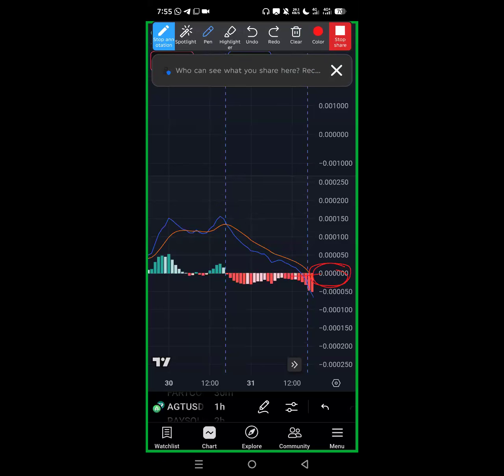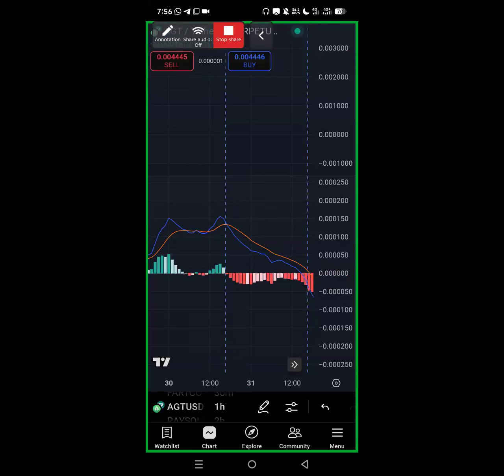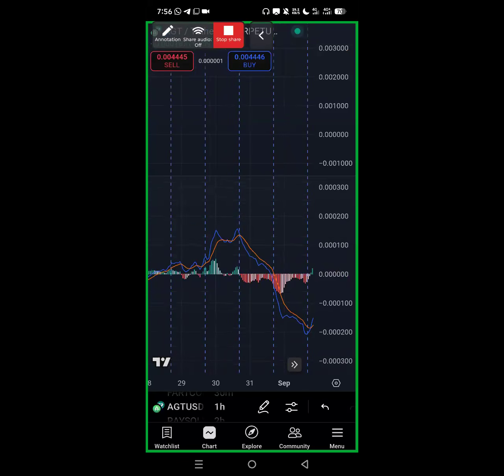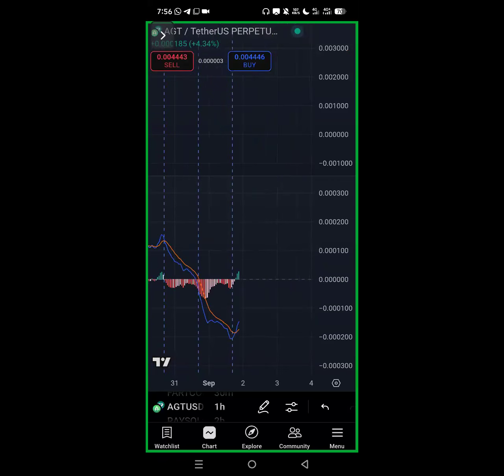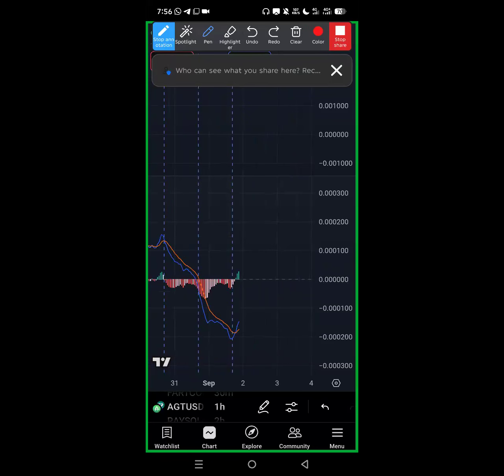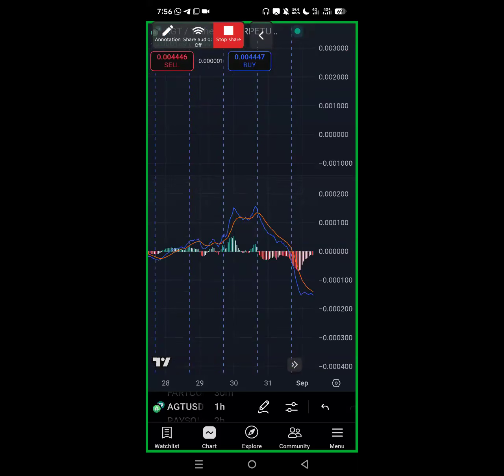There is an imaginary line here from which the histogram arises. That is what we call the zero line. So it's like a reference. See this imaginary line that is running? From it you have the histogram arising. Then these bar-like structures are what we call the histograms.